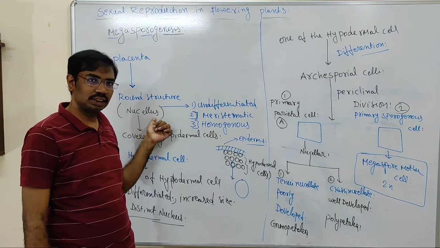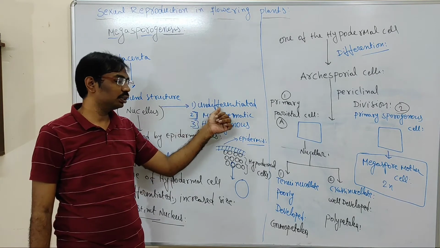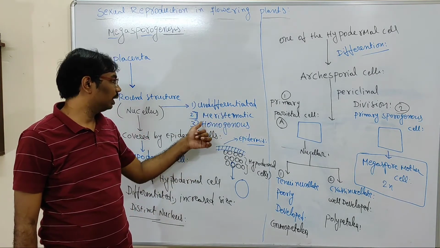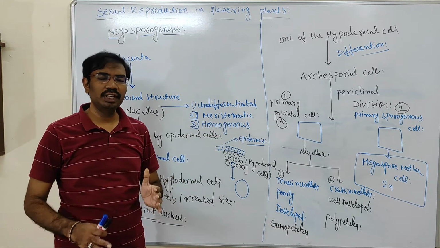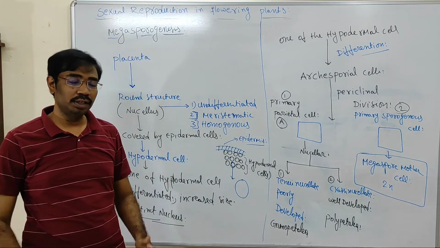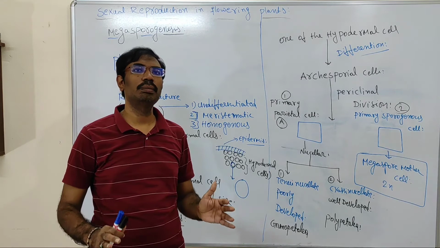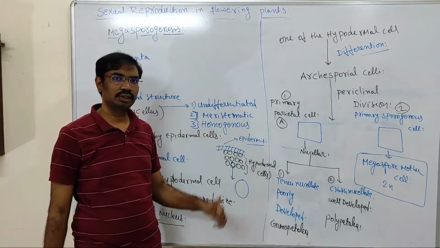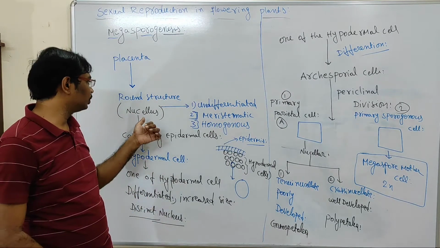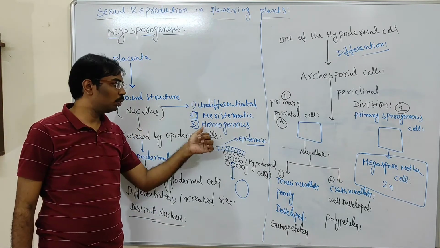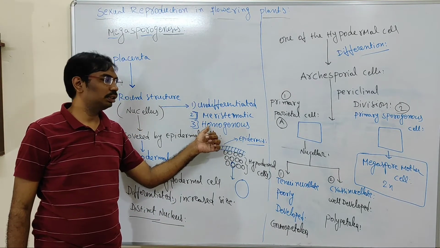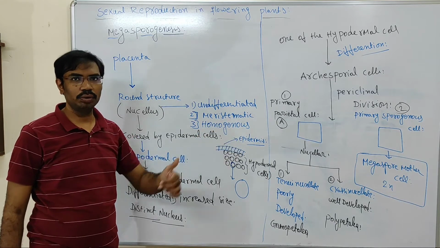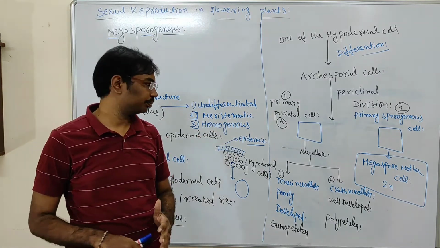The nucellar cells are undifferentiated, meristematic, meaning very young cells, and homogeneous cells. All cells of the nucellus are similar; homo means similar.